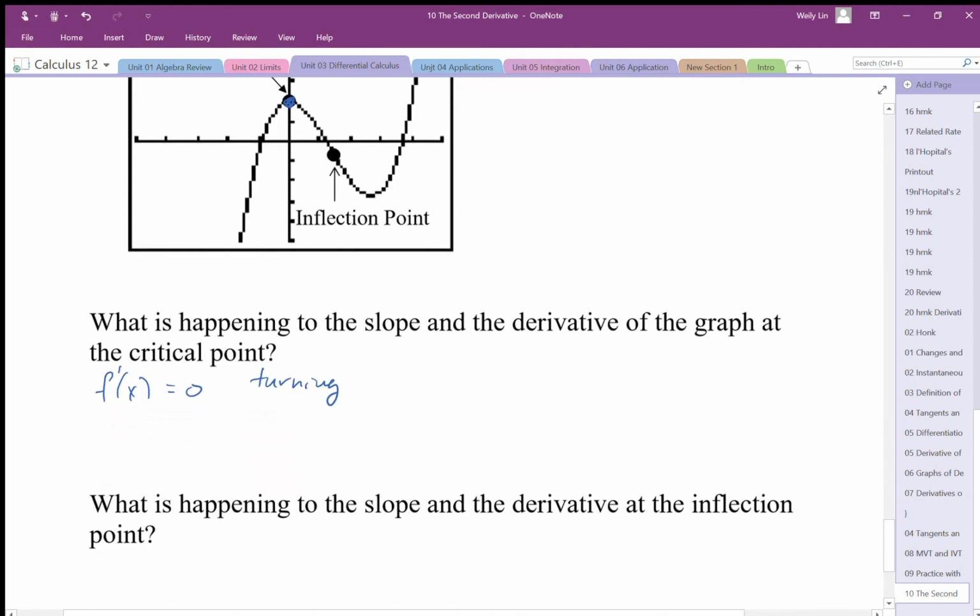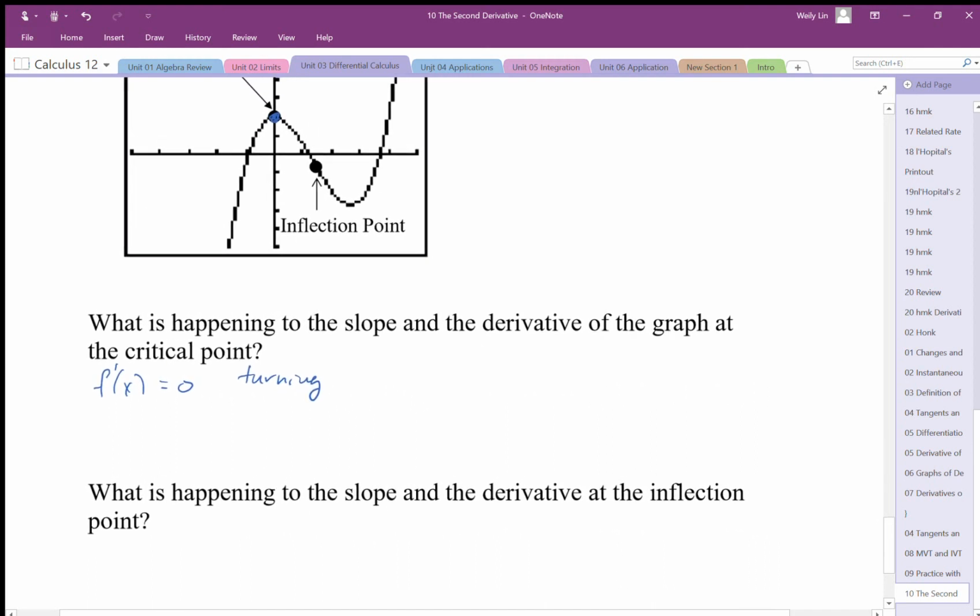Okay. What's happening to the slope and the derivative at the inflection point? Well, at the inflection point, this inflection point here, f double prime is changing from positive to negative. So we have this negative concavity here. It's becoming less positive, more negative through that whole region. From negative to positive.